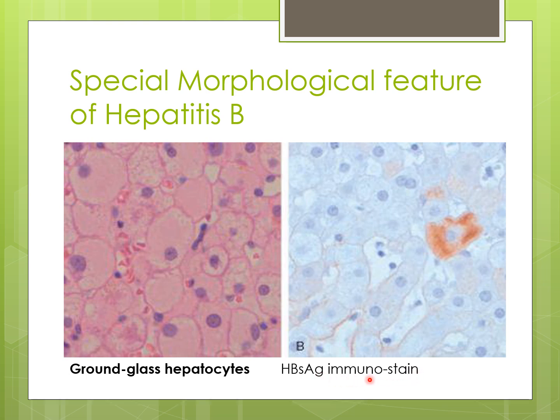We use the antibody against this antigen, the surface antigen of hepatitis B, and then it will become positive. Brown is a positivity. We come to know that this liver biopsy, this specimen is positive for hepatitis B. Just for interest, I tell you that hepatitis B surface antigen, HBsAg, is also called Australia antigen.